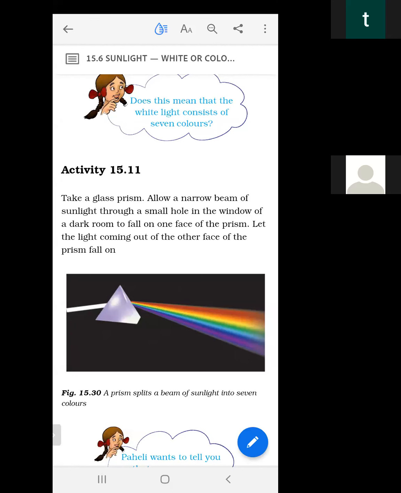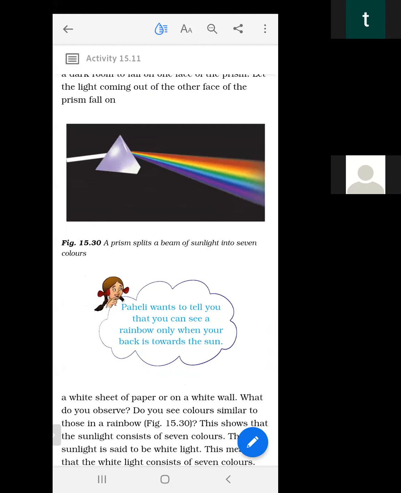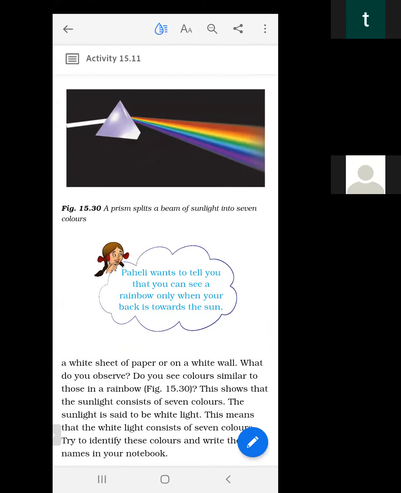Let the light coming out of the other face of the prism fall on a white sheet of paper or a white wall. What do you observe? Do you see similar colors to those in a rainbow? Yes, this shows that sunlight consists of 7 colors.